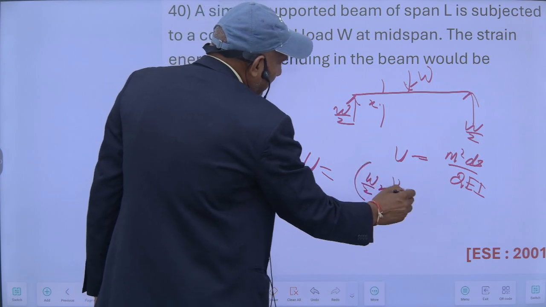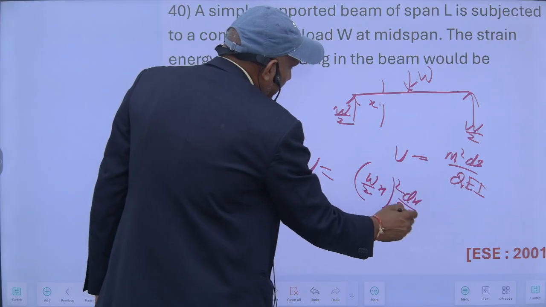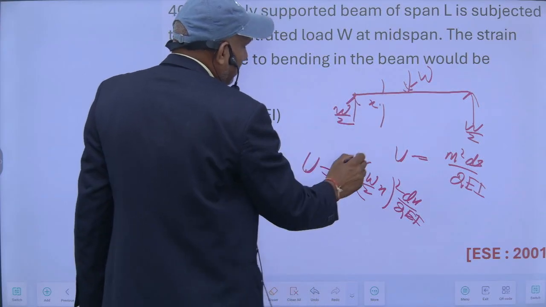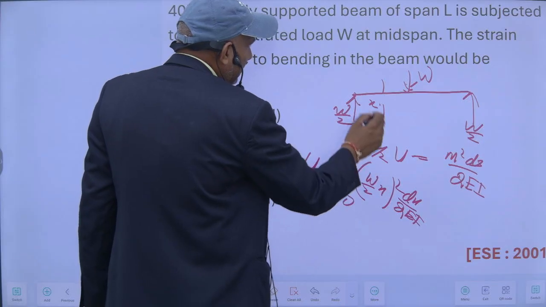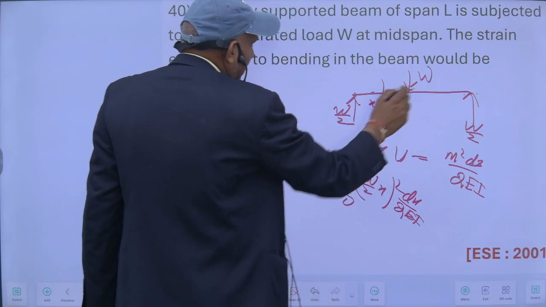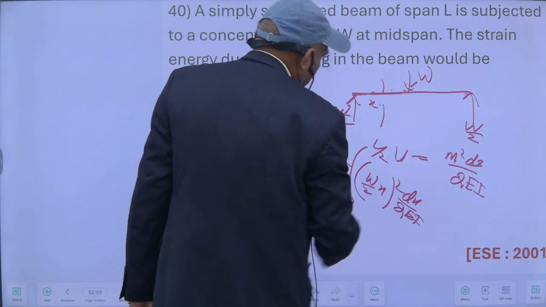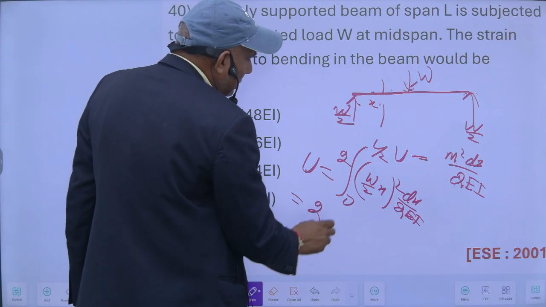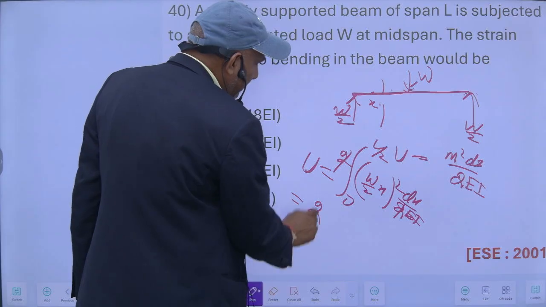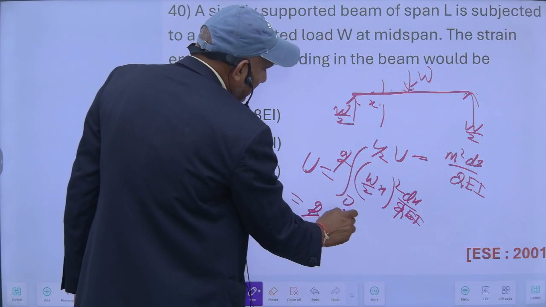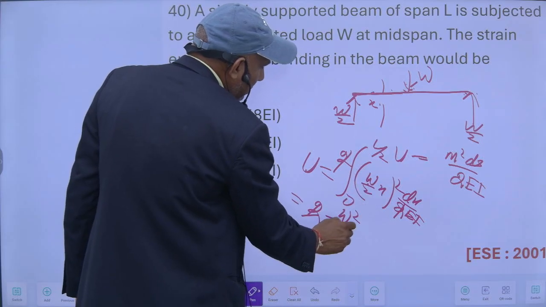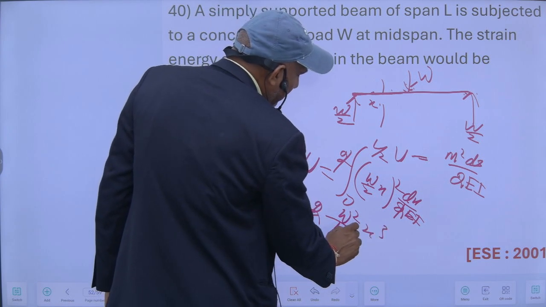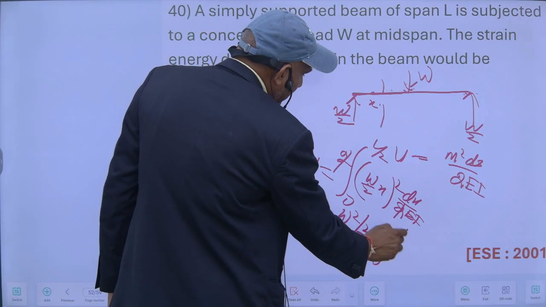So M square dx upon 2EI from 0 to L by 2, and the other half is the same, so I multiply by 2. This 2 and 2 will cancel. So it will be W square upon 4 into the integral of x square dx, means x cube upon 3, from 0 to L by 2.